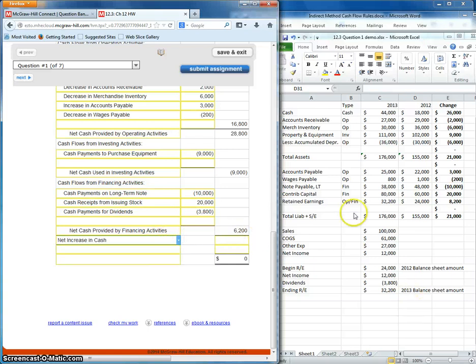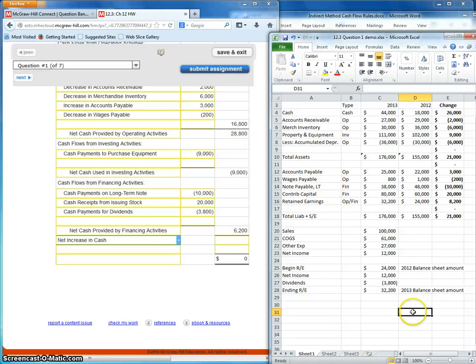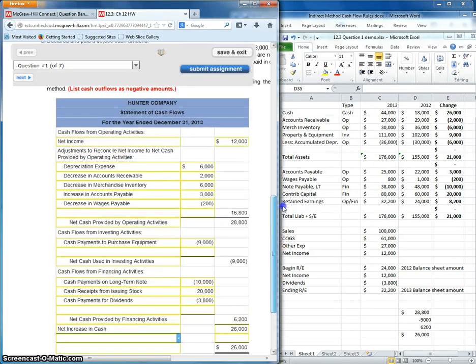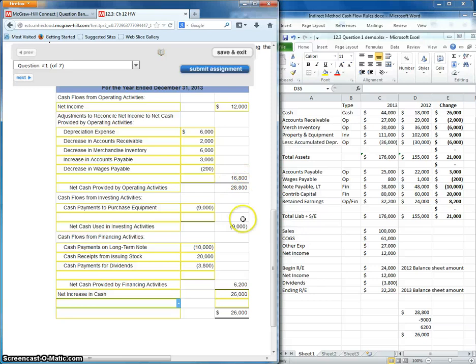It's going to be my $28,800 cash provided by operating activities minus my $9,000 from investing activities, plus my $6,200 from financing. Let's total that up, and that's going to equal $26,000. So my net increase in cash was $26,000.